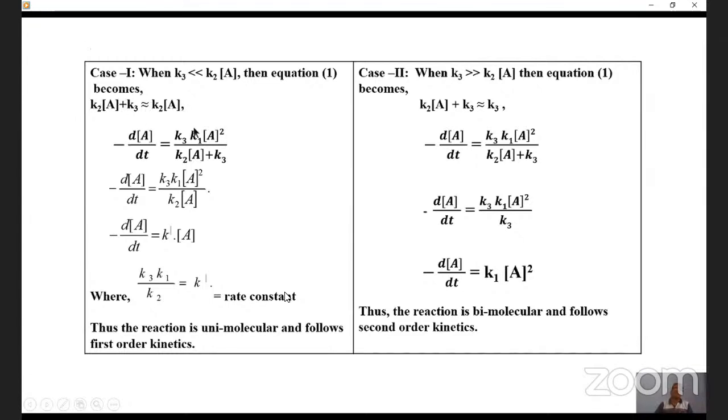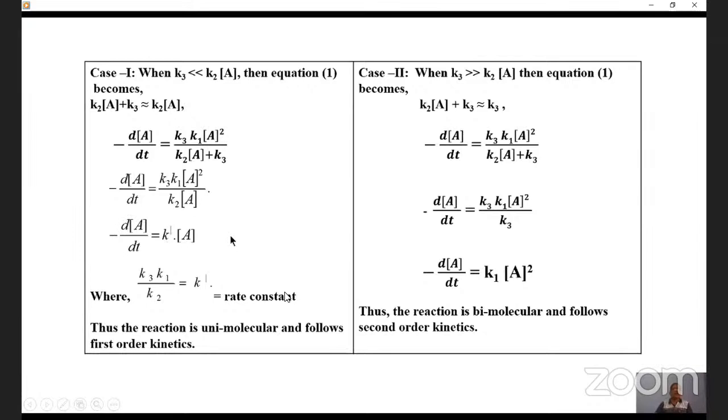Let us substitute this condition in equation number 1, so we will get this equation. In this equation, we can cancel out one A from the numerator and one A from the denominator, and in place of this ratio of rate constants we can write K dash.